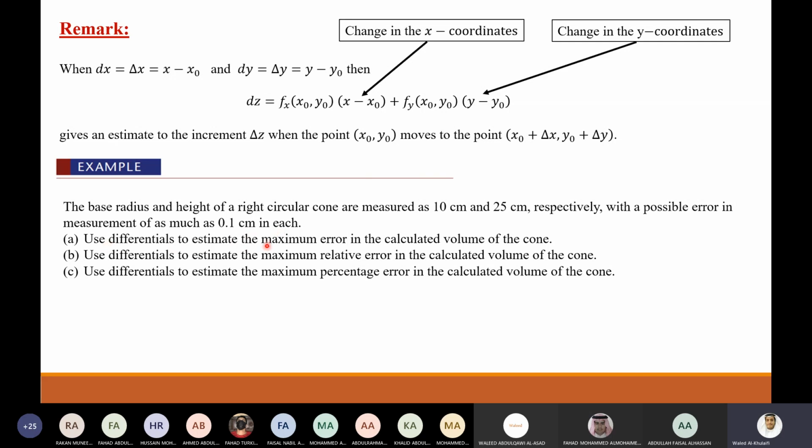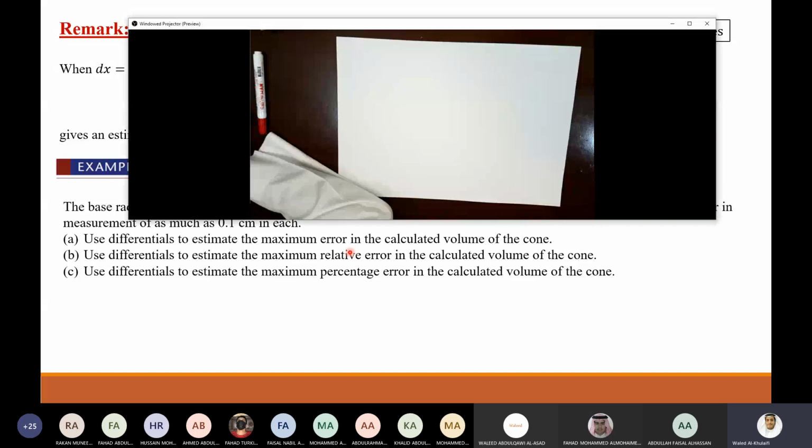So he said use differentials to estimate the maximum error in the calculated volume of the cone. And then he said use differentials to estimate the maximum relative error and the maximum percentage error. Remember we took these in Math 101, but the idea also repeats in this course.